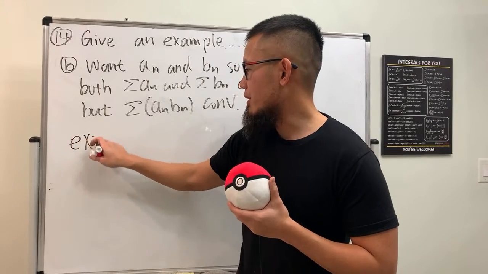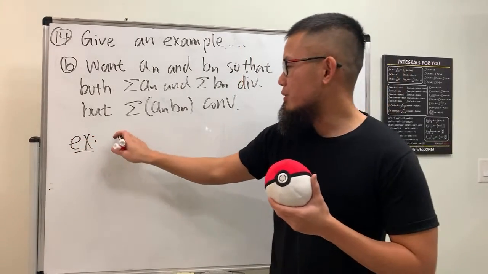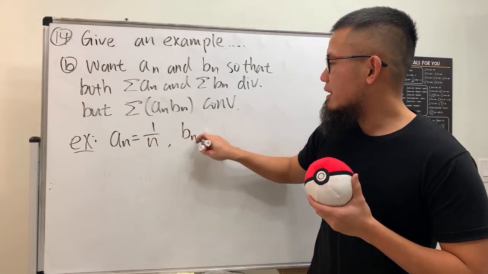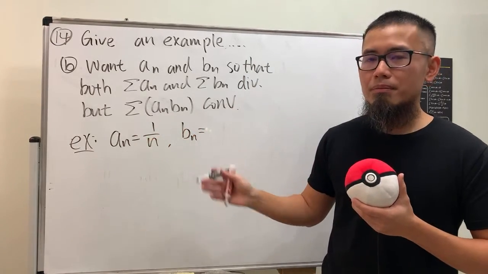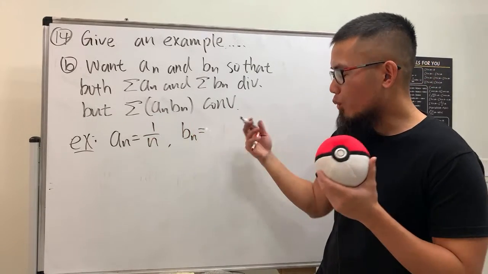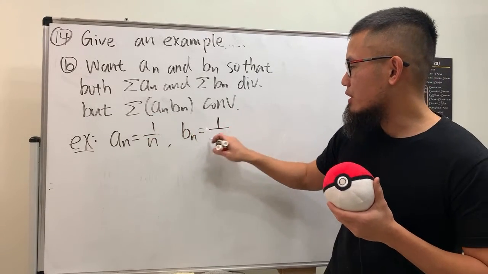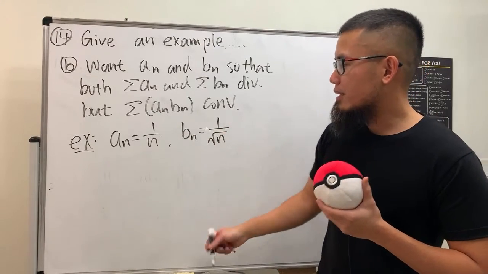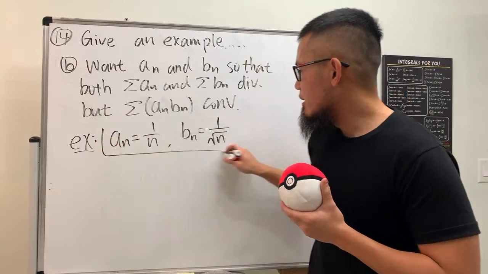So I just write down an example right here. You can just say a_n is equal to 1 over n, and b_n is equal to 1 over n. But if you don't want them to be the same, you can just say 1 over square root of n. All right, so this right here is pretty much it.